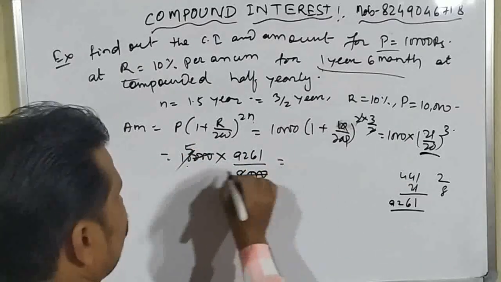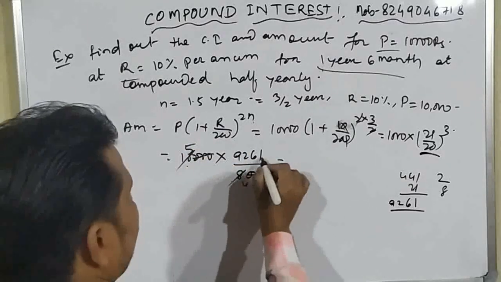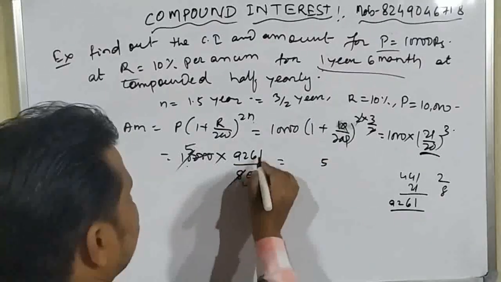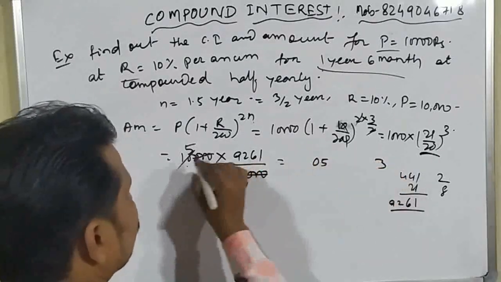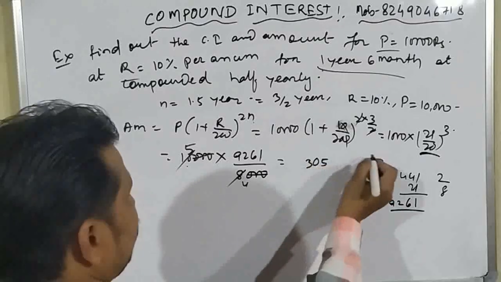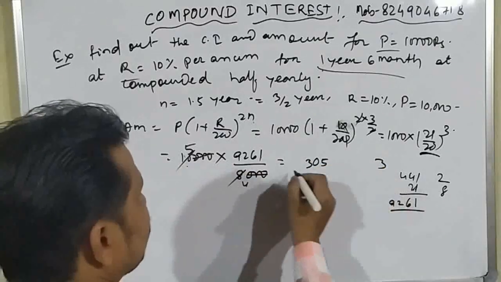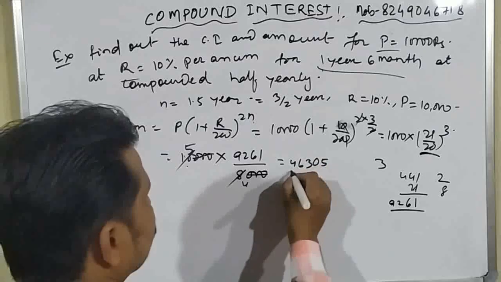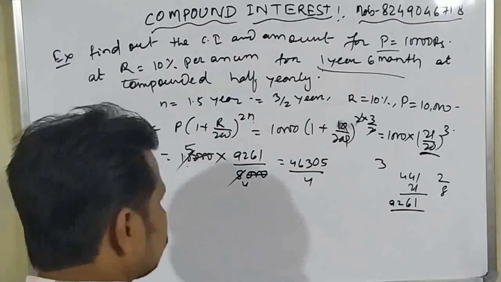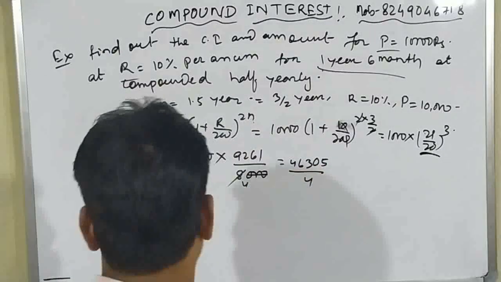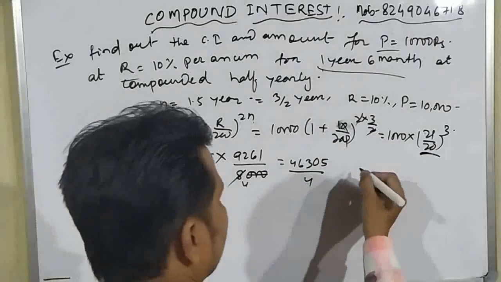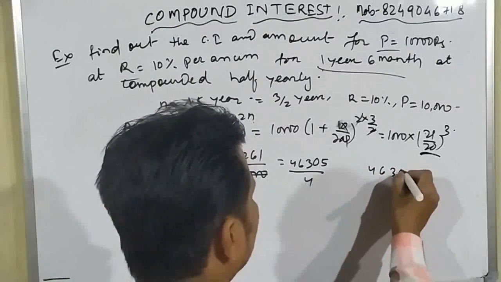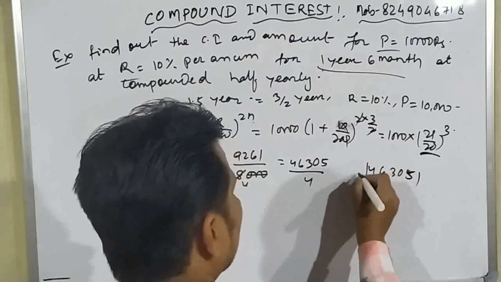So our result is how much? 5 ones are 5, 5 sixes are 30, 0 carry 3, 5 twos are 10 plus 3 is 13, carry 1, 5 tens are 45 plus 1 is 46 by 4. Okay students, so we can find it in decimal. So what is the result? 46305 divided by 4.